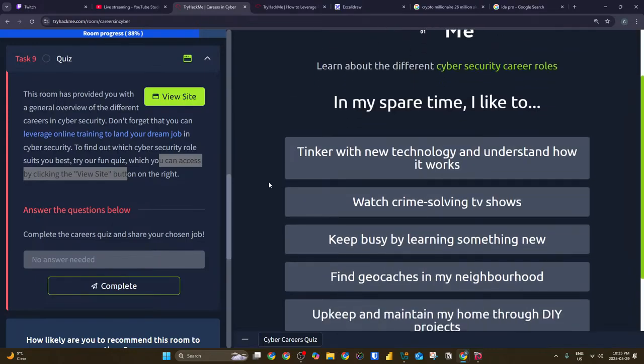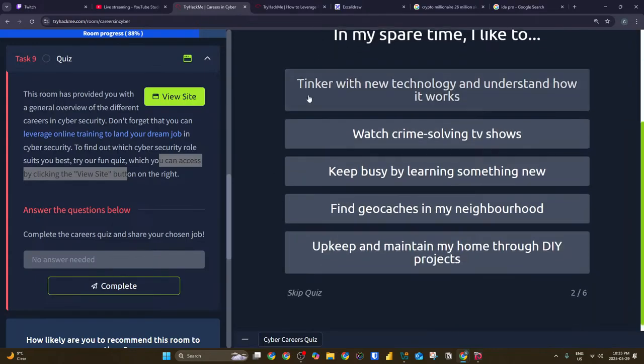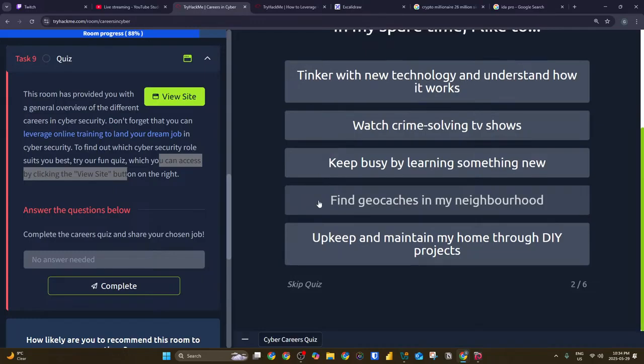Now, in my spare time, I like to tinker with new technologies and understand how they work; watch crime solving TV shows, which I believe a bunch of you will have on Netflix, right; keep steady by learning something new; find geocaches in my neighborhood; or upkeep and maintain my home through DIY projects.